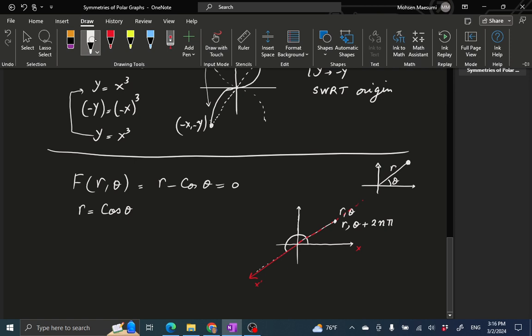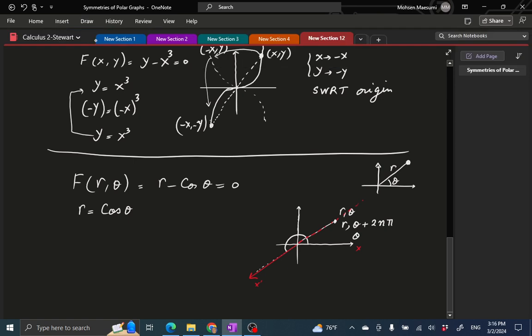So I could go to theta plus pi, and on that go to minus r, and I arrive at the same point. And again, I could go around the circle as many times as I want, so I can add the 2n pi to this one as well. Whatever coordinate we give, we can always attach a 2n pi to it.